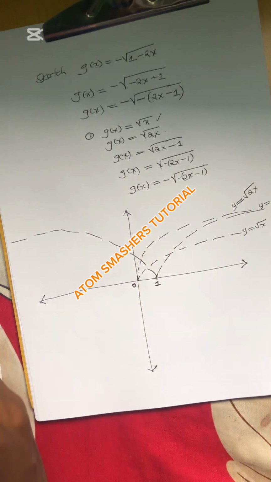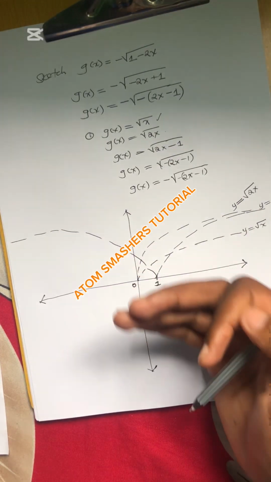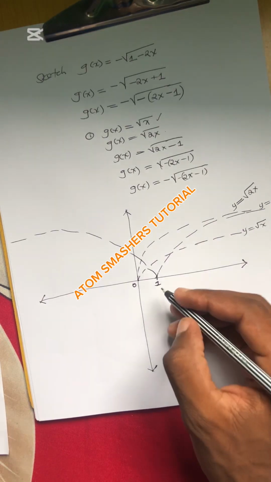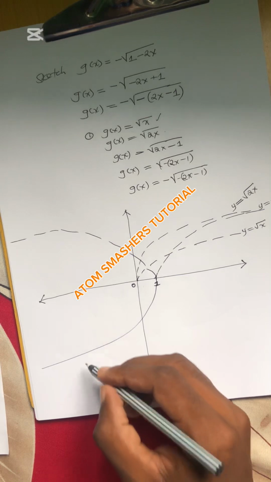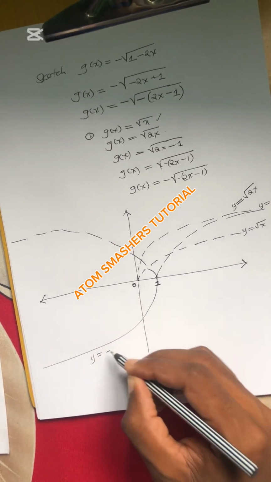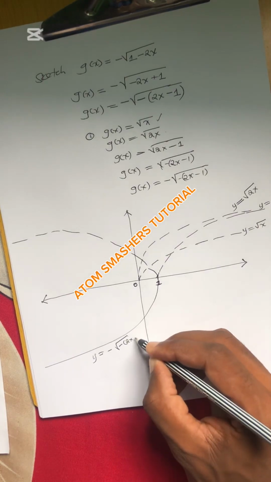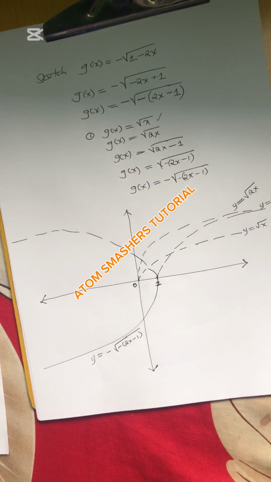Instead of going to this side, it will flip it more like a mirror, downwards, right? So it comes out like this. So this is y is equal to negative root of minus 2x minus 1 like this. Then you're home and dry.